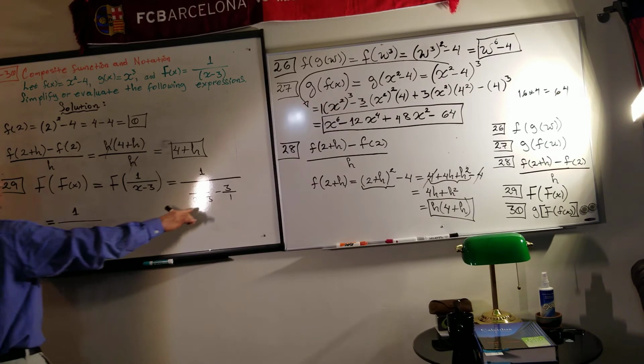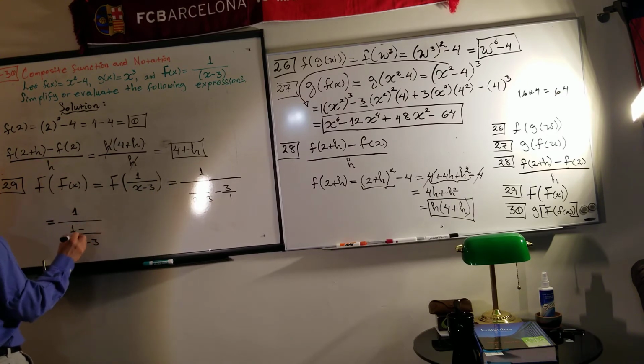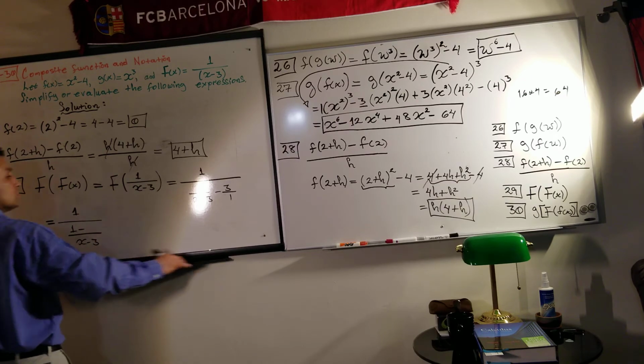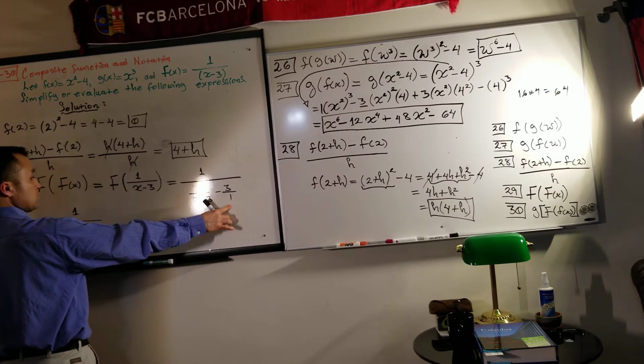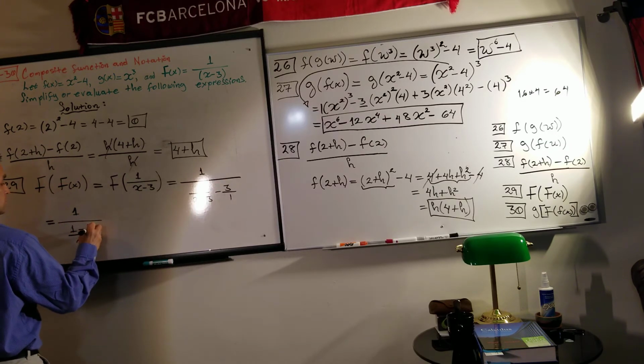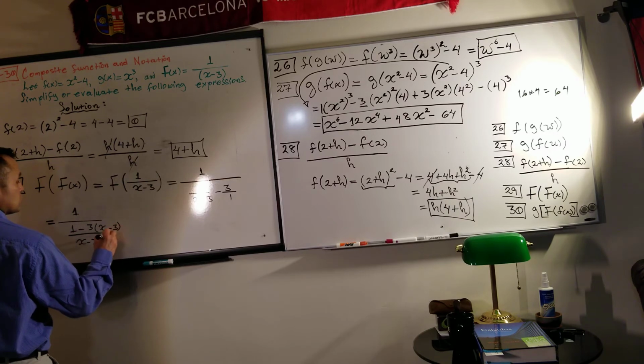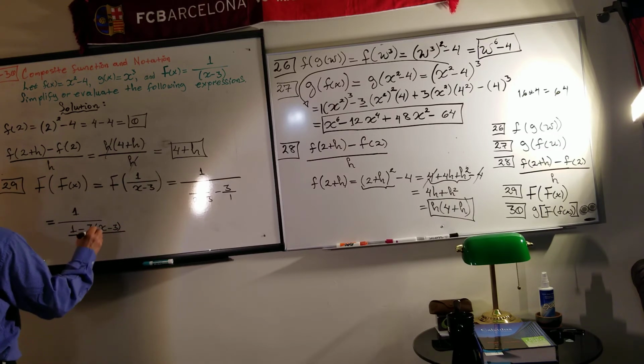X minus 3 divided by x minus 3 is 1, times 1, that is 1, minus x minus 3 divided by 1, that is x minus 3, times 3, that is 3 factor of x minus 3.